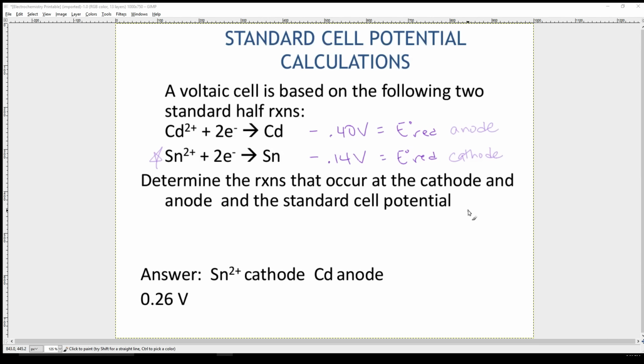So now I need to find my standard cell potential. It's cathode minus anode. So take negative 0.14 volts minus a negative 0.40 volts, and you end up with a lovely little positive number of 0.26 volts. So I know the answer was down there, really tempting to look at, but hopefully the reasoning behind this makes sense. Whatever is more positive is more likely to be your cathode.